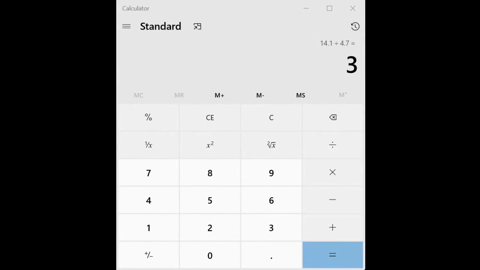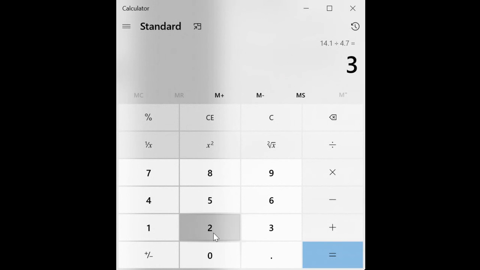The number we had was 2.16 divided by a negative 6. But I already know that my answer is going to be negative. So 2.16 divided by 6, and then I hit the little negative like that and hit equals. And so my answer is a negative 0.36.